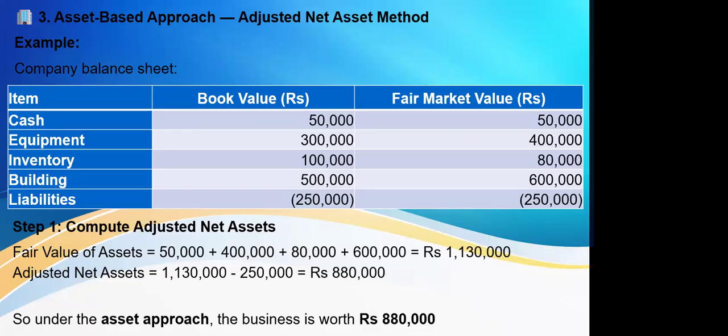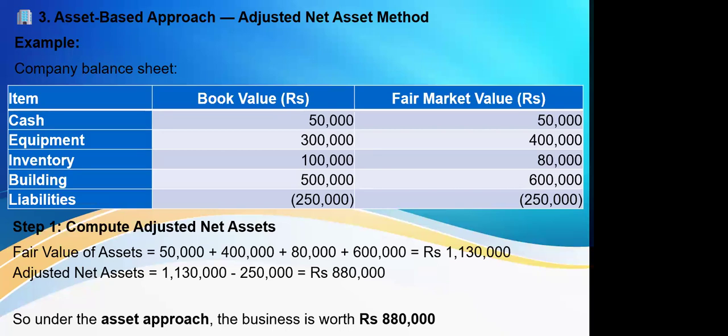Net assets means assets value minus liabilities. Now there are two values, book value and fair market value; we say fair value as well. The difference is, if your company buys a vehicle today, assume 5 million.